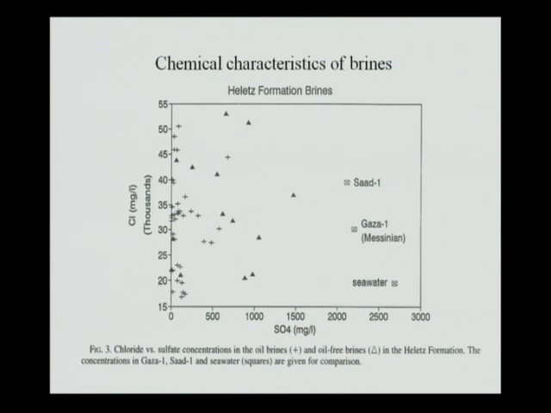Sulfur isotopes, or sulphate. In the diagram of sulphate and chloride, see the seawater here, the boreholes away from the oil fields have high content, and the oil-free brines are the triangles, they should be black, and the brines associated with the oil are in general lower.